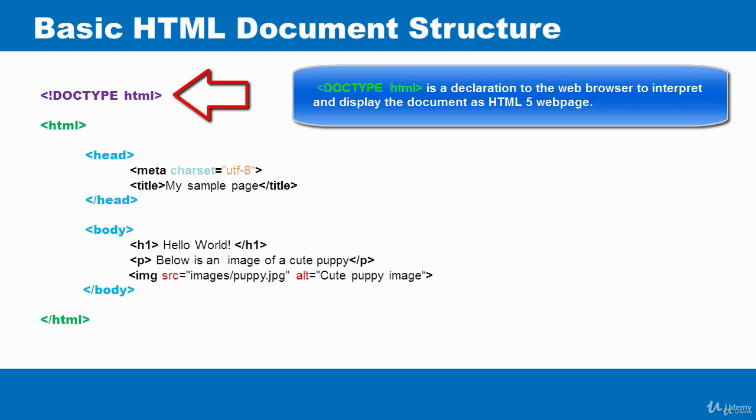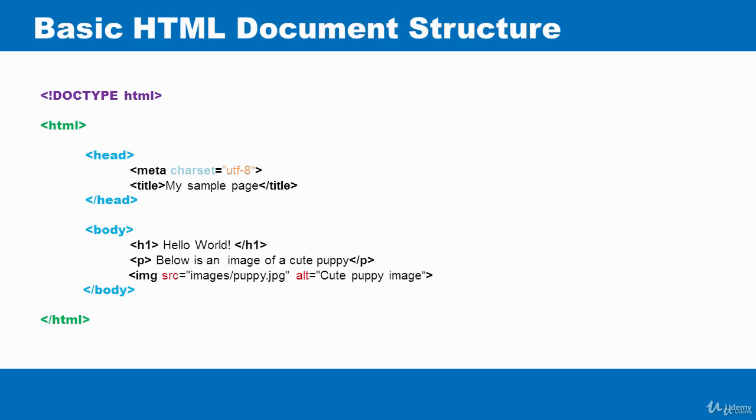The way you write the doc type, you do the less than sign, exclamation mark, doc type, and then HTML, and then a greater than sign. Next, we have the HTML element. So we've got the opening HTML element and the closing HTML element.